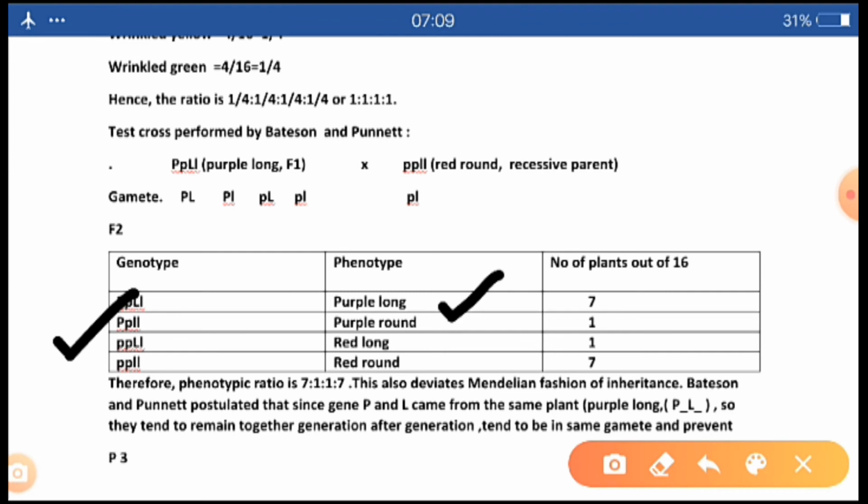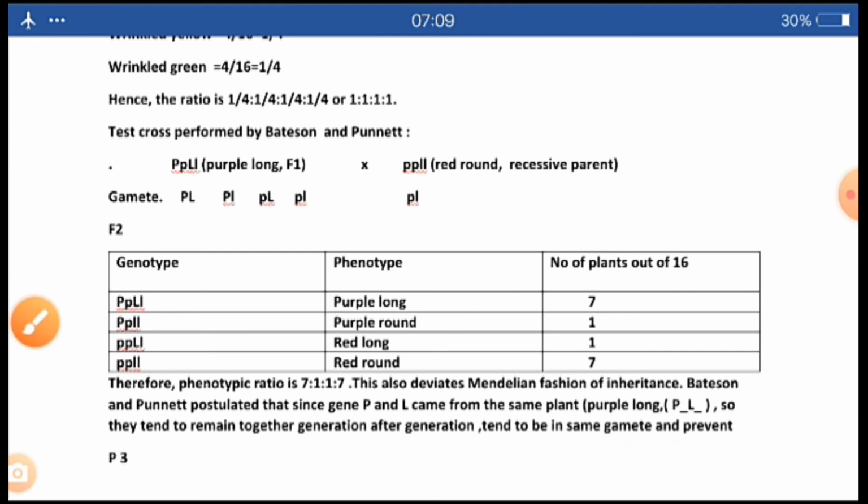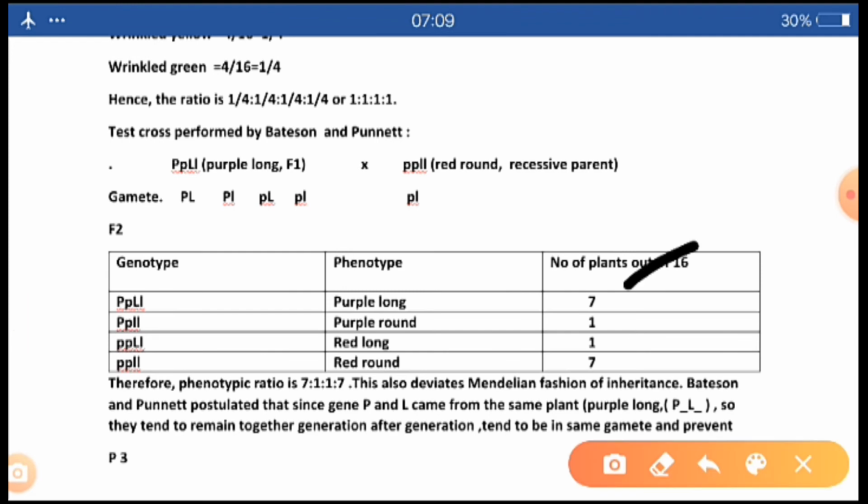And the number of plants per 16, maintaining the phenotypic ratio, is for purple long 7, purple round 1, red long 1, red round 7. That is the phenotypic ratio. Here it is 7:1:1:7.